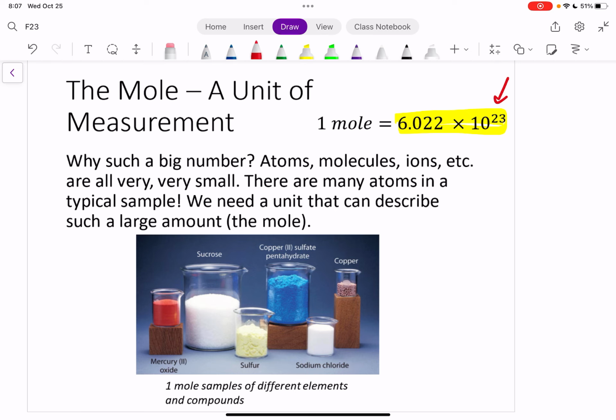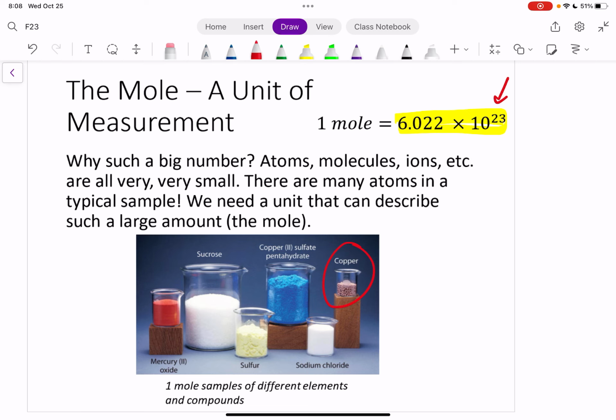Well, that's because remember, these atoms, molecules, ions, they're really, really small. And so Avogadro said, look, it'd be really nice if I could figure out, hey, if I have 5 grams of copper, I'm not going to be able to see how many atoms. I don't have some kind of atom counter to figure out how many atoms are in my sample of copper.